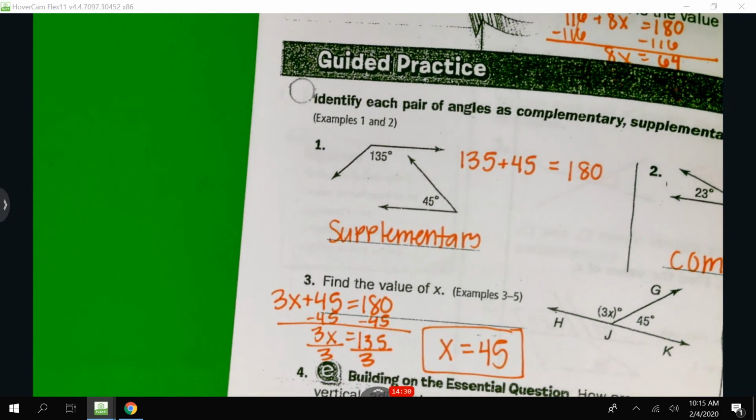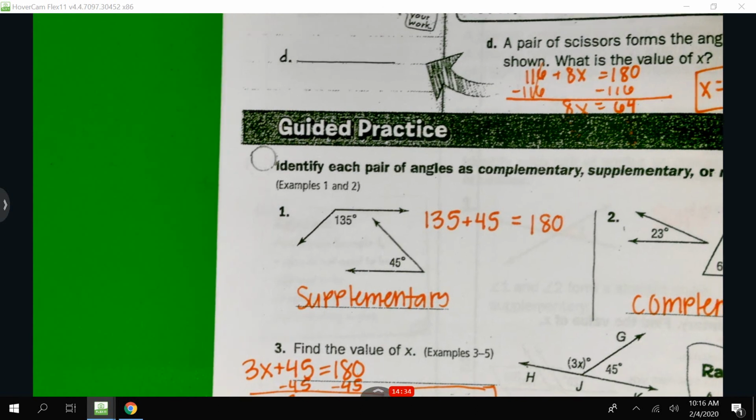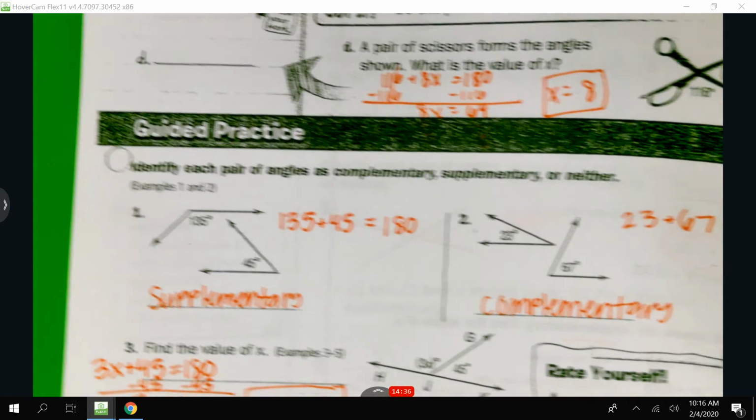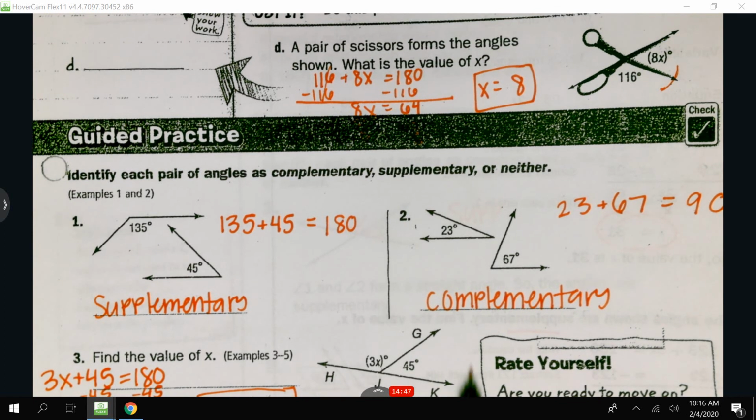Okay, what's number 1? Supplementary. Supplementary, how do you know that? Because it's 2 90-degree angles. So when you add the 2 together, they have a sum of 180. Number 2 should be complementary. Add those 2 together and they give you 90 degrees. What type of angles was shown right here in number 3?